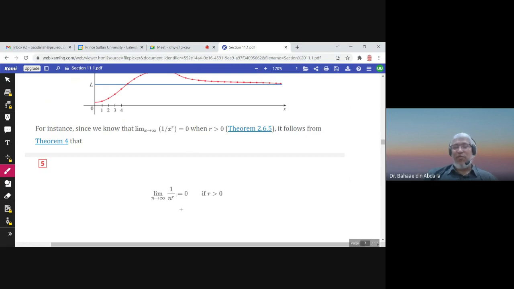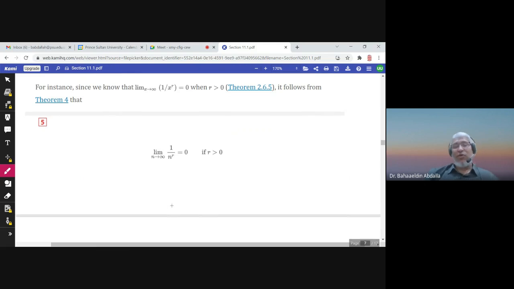So it is the same for sequences. All sequences of this form are convergent. So for example, the sequence 1 over n is convergent. The sequence 1 over n squared is convergent. The sequence 1 over n to the power half is convergent. The sequence 1 over n to the power 0.1 is convergent.